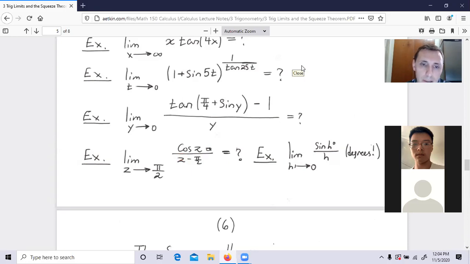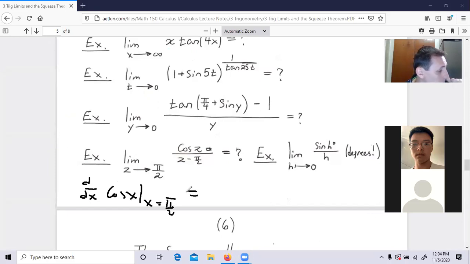That's okay, great. This is the derivative of cosine at pi over 2. You see that, guys? Nothing more than the derivative of cosine at pi over 2, which is minus sine of pi over 2, which is minus 1. I'm glad you see that. So let's move on.